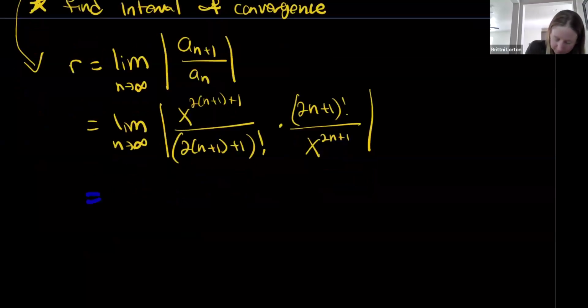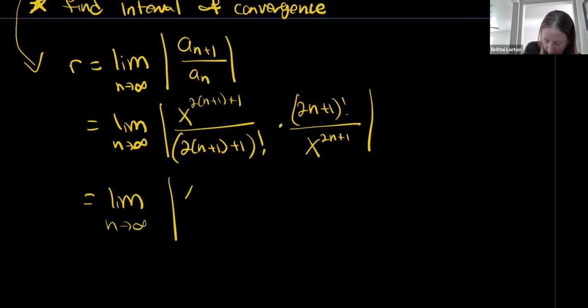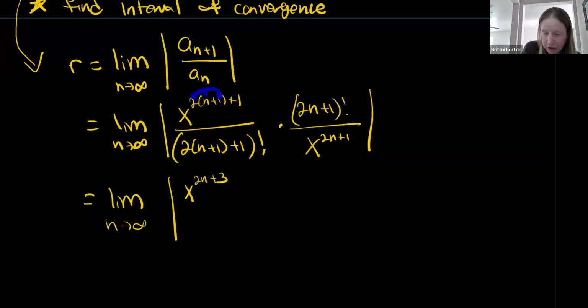Now we do the algebra. This is the limit as n goes to infinity of x to the 2n plus 3. I distributed the 2 and then added the 1. And on the bottom, I have a 2n plus 3 factorial. Same thing, I distributed the 2 and then added the 1.